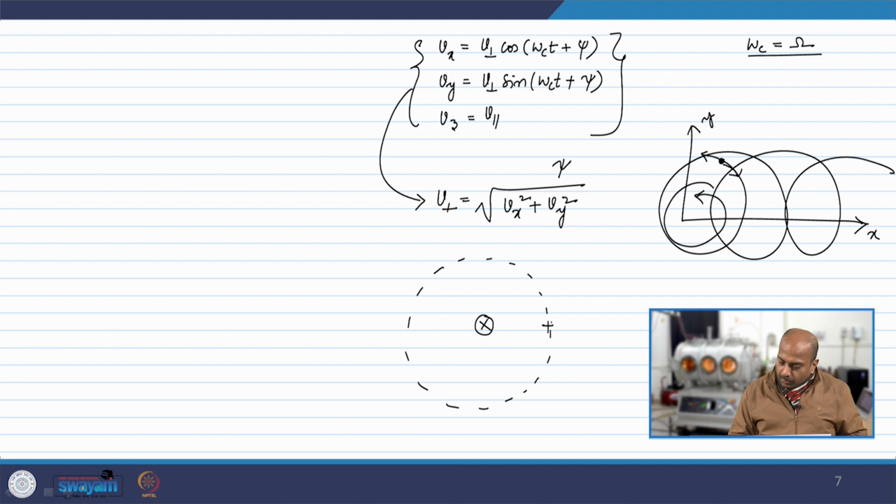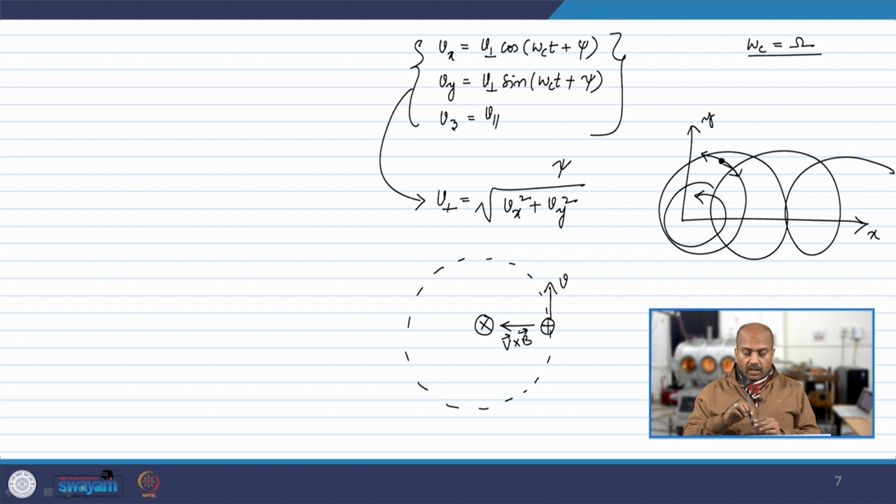If it is a positive ion, you can apply this xyz coordinate system and figure out the sense of direction. So this will be the velocity, and the particle will always experience a force which is V cross B. You see, the magnetic field is going in, the velocity is in this direction, right.